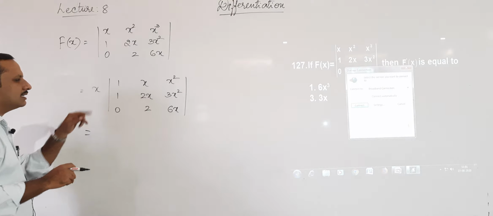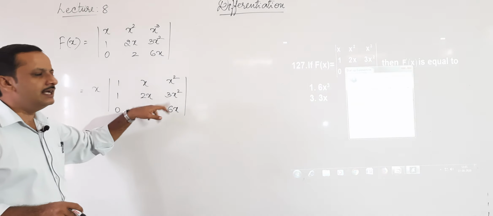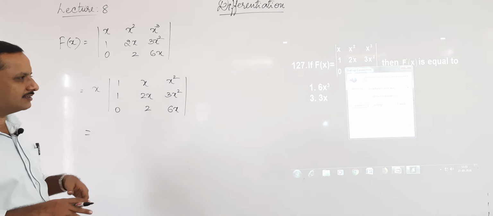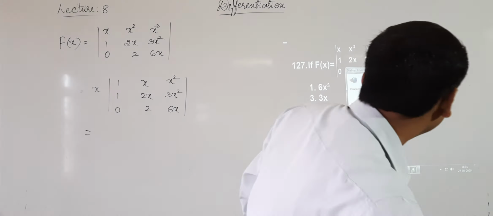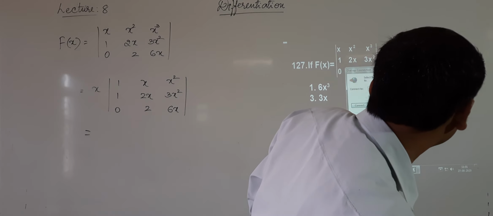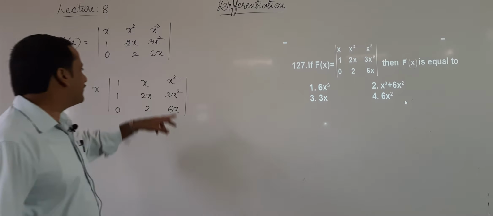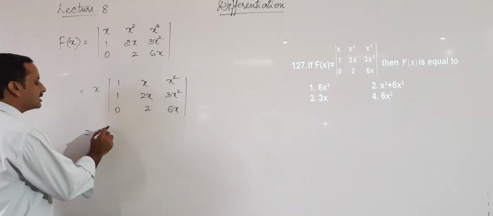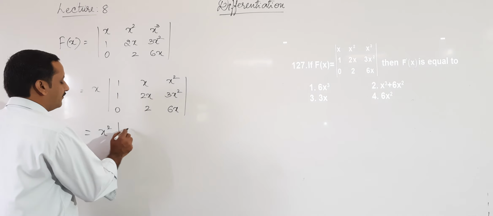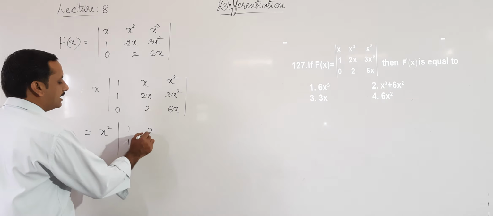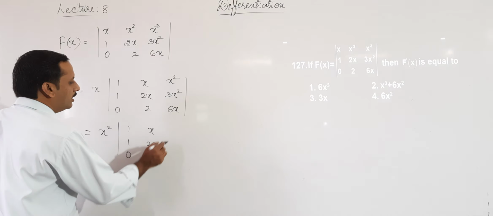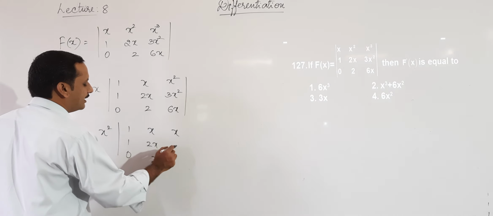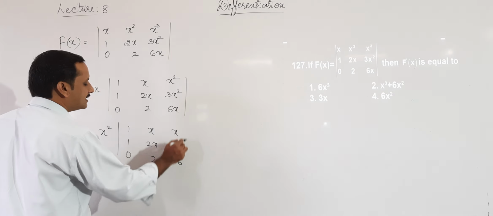Again, from the third column, you observe x is a common factor. Say from the third column, I will take x as common. That means you will have x square into determinant of 1, 1, 0; x, 2x, 2; here I have taken x out, so x, 3x and 6.